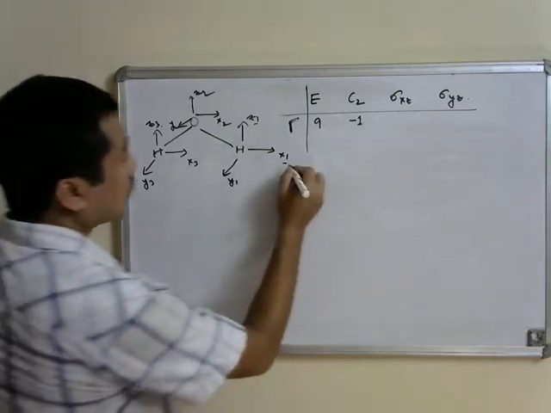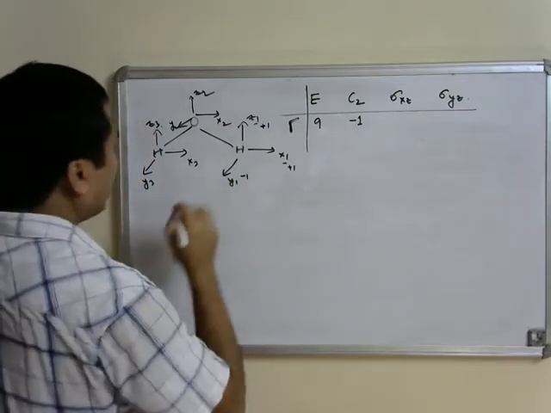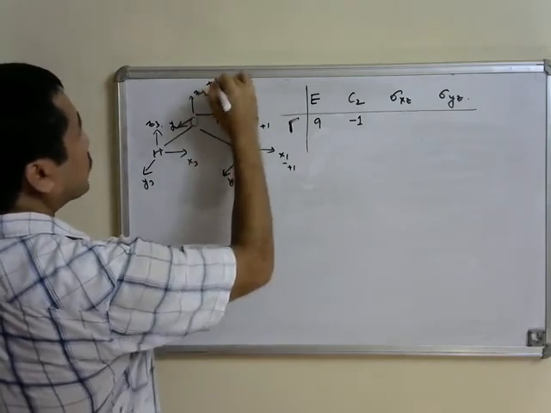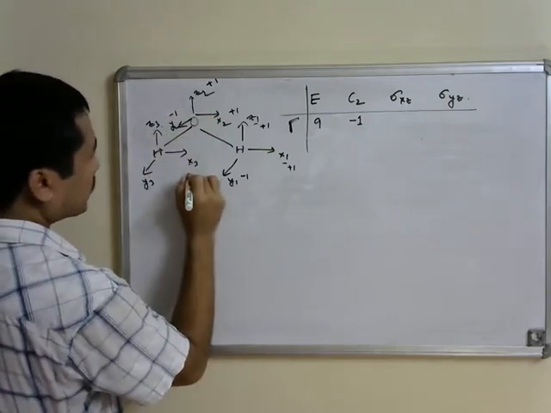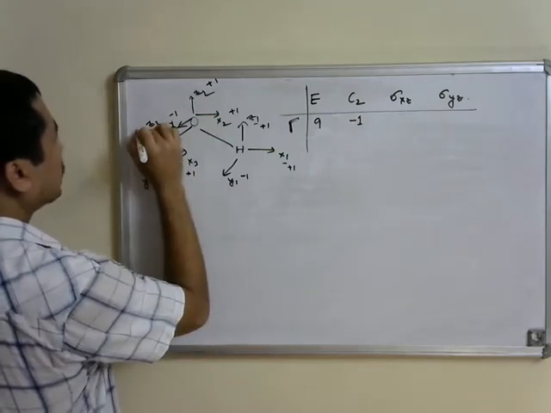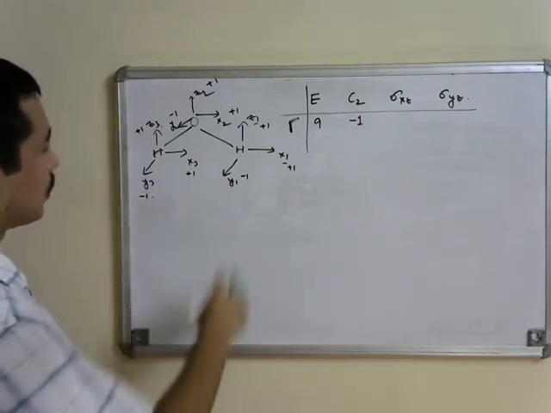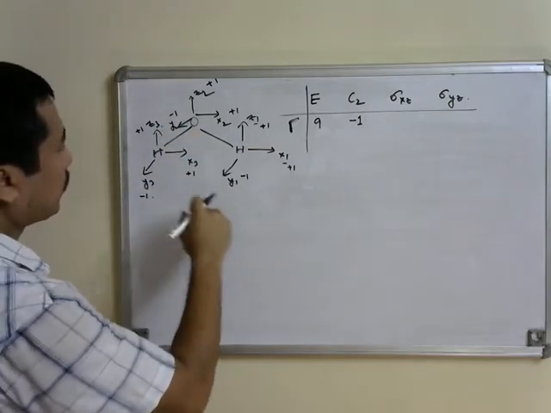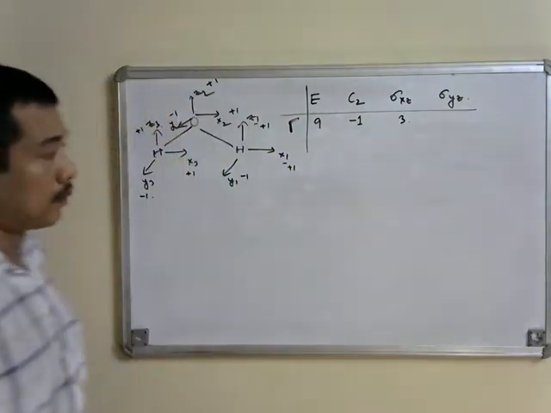So x1 is plus 1, z1 is plus 1, y1 is minus 1, x2 and z2 give plus 1, y2 gives minus 1, x3 gives plus 1, z3 gives plus 1, y3 gives minus 1. In total there are 6 plus 1 and 3 minus 1, so the total character is going to be equal to plus 3.